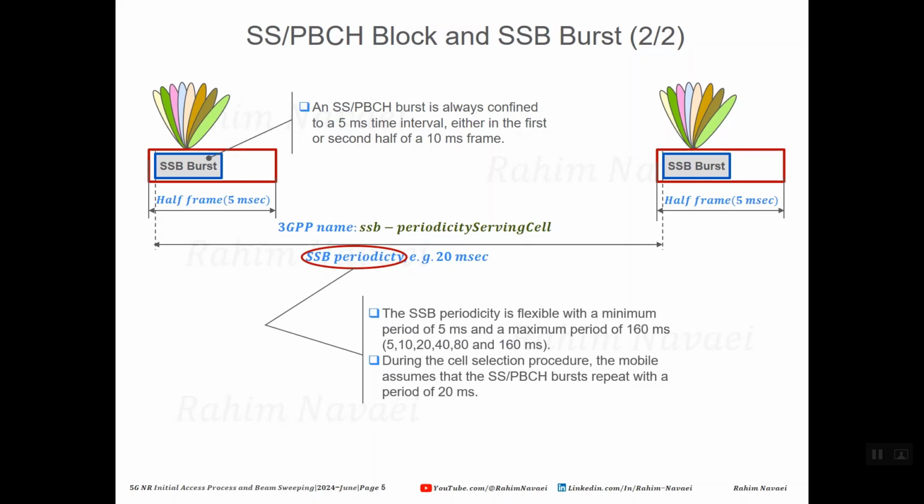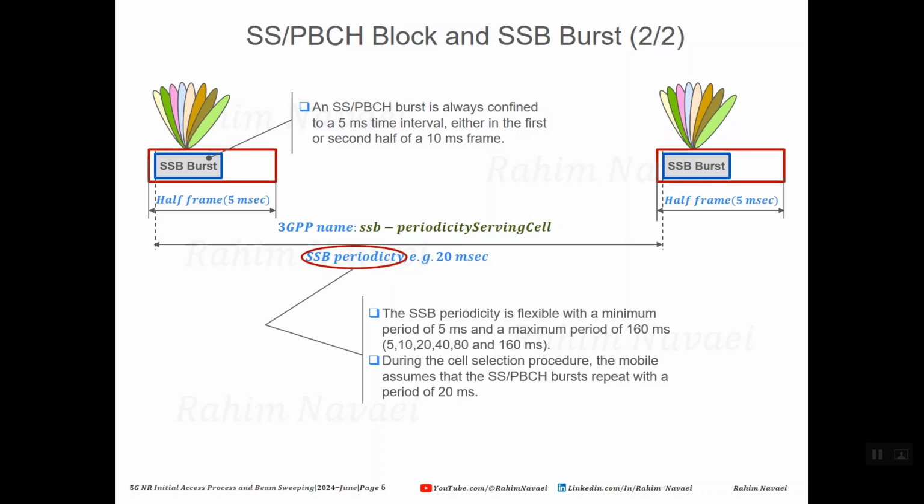In 5G New Radio, the configuration of SSB bursts is influenced by several factors or parameters, including the frequency range, frequency range 1 or frequency range 2, operating band, subcarrier spacing, and the starting OFDM symbols of the SSB within the burst.